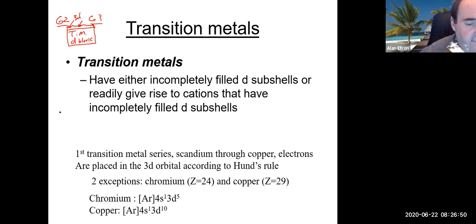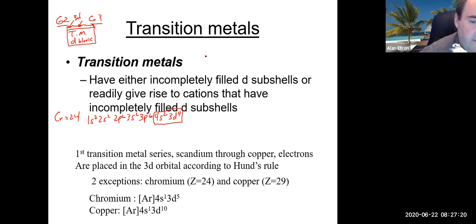If you follow that zigzag configuration for chromium, which has 24, you would end up with 1s2, 2s2, 2p6, 3s2, 3p6, 4s2, and 3d4. Now, the exception for chromium and also copper occurs right here at the end.